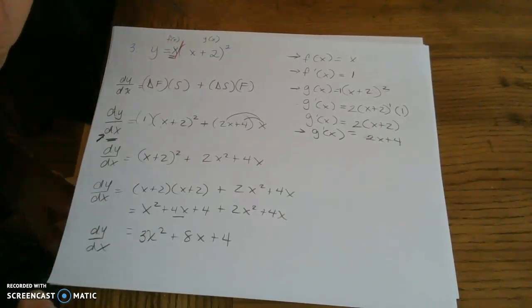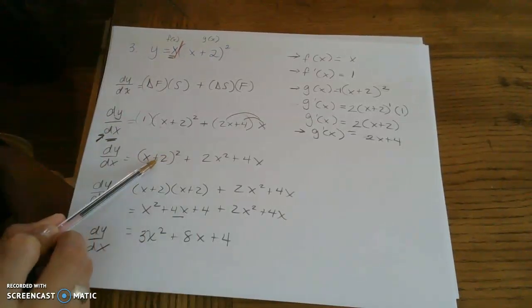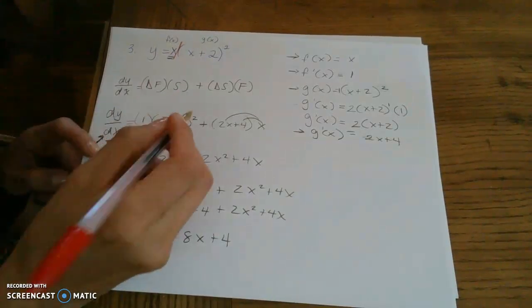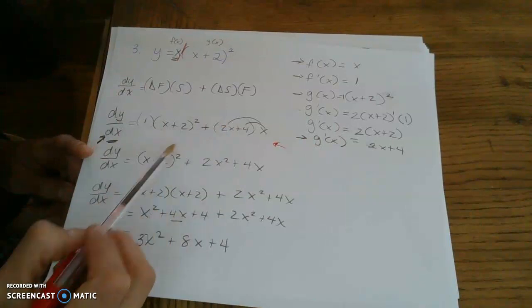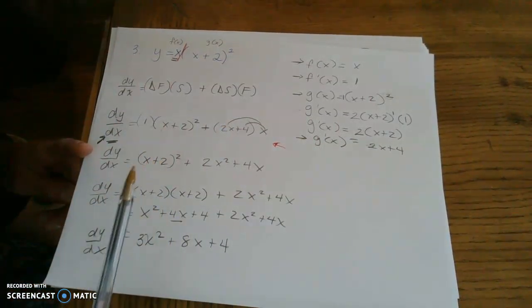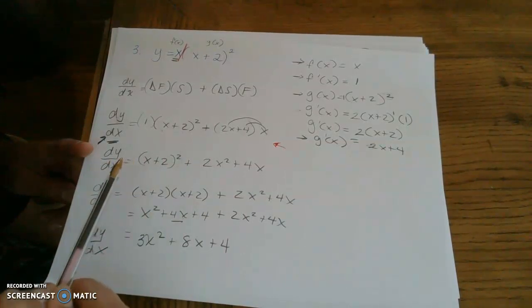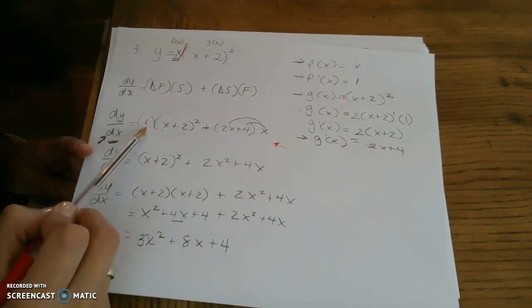I got cut off in my introduction to the product rule video, the first one that you watched. So I left you off right about here where I said that it's totally fine if you leave your answer here, but if you wanted to expand it, you could. That would really just be a situation where it was a multiple choice question and they were asking you to find the product rule and this was not an answer.